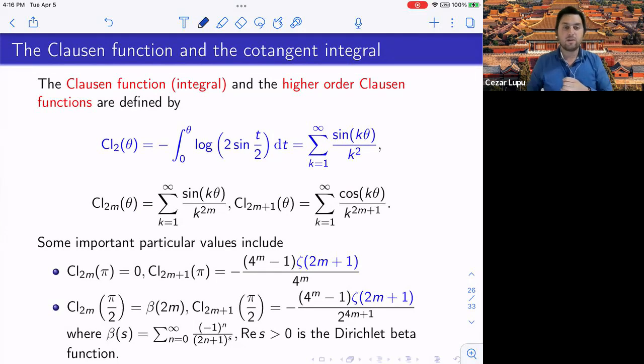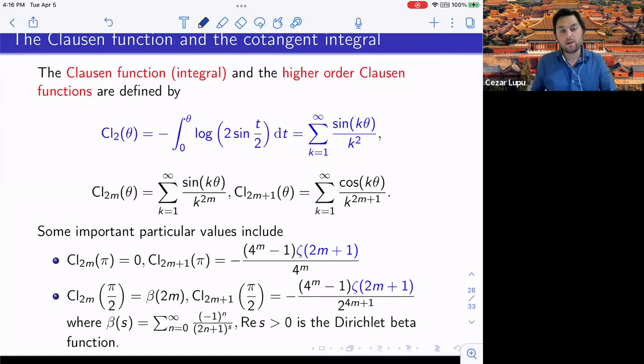It's defined as this integral from 0 to theta of log of 2 sine of t over 2. And you can write it as its Fourier expansion, the sum of sine of k theta over k squared. And of course, you can define the higher order Clausen functions, the even higher order and the odd higher order Clausen functions in this way. As you can see, these are the Fourier series expansions.